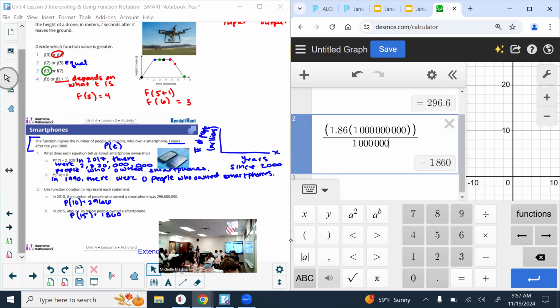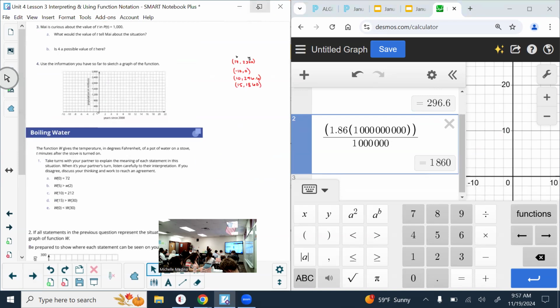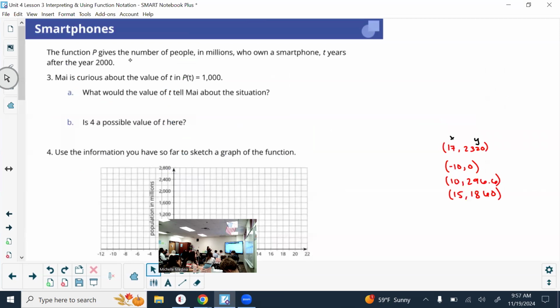All right, now same situation, just a couple extra things about it, which we'll probably do together. So May is curious about the value of T in P of T equals 1,000. First, we're gonna talk about what the value of T would tell her about the situation.